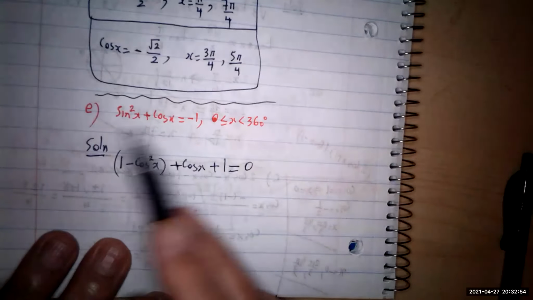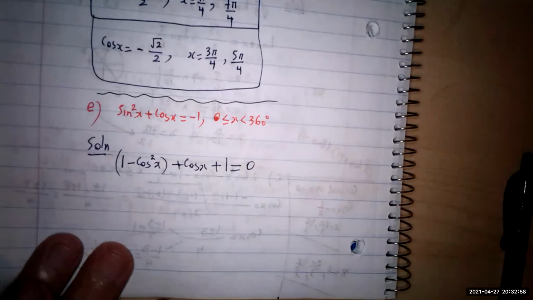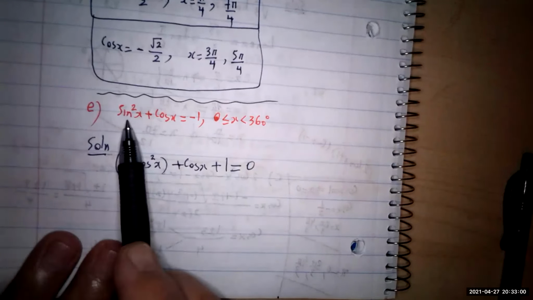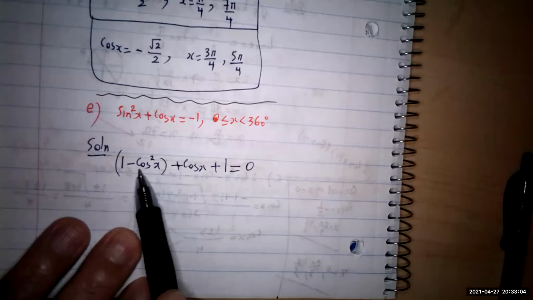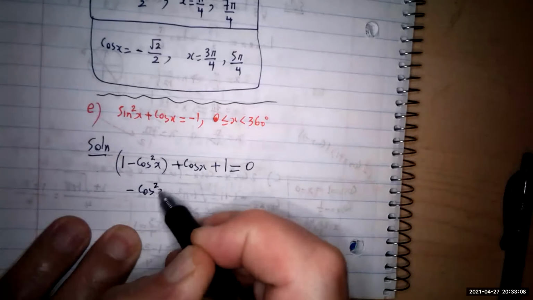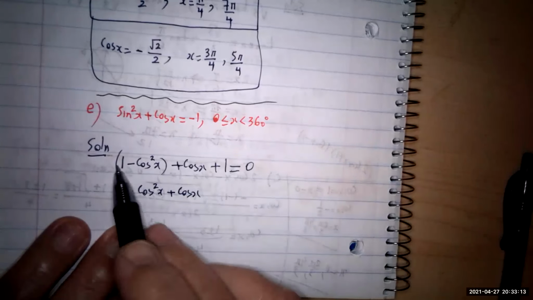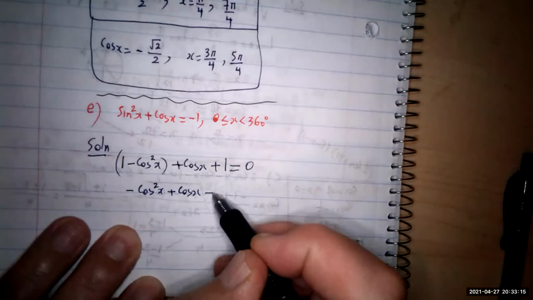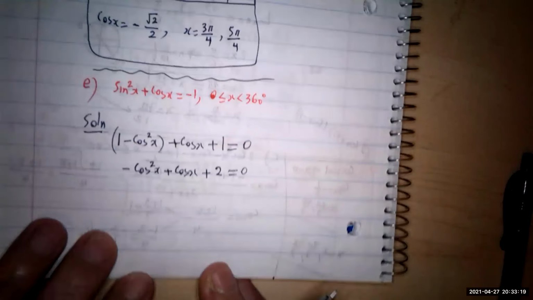You have to move this number to the other side all the time because you have to make it 0 to have an equation. In this case, the sine square is going to be 1 minus cosine squared. Now simplify it, so that gives us a negative cosine squared, plus cosine x. Now we have 1 and 1, which would be 2, equal to 0.